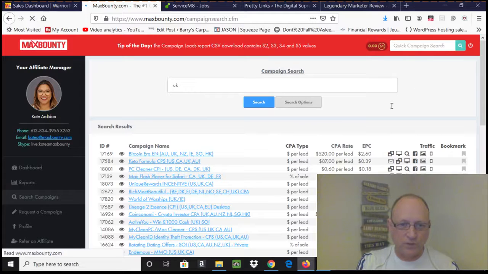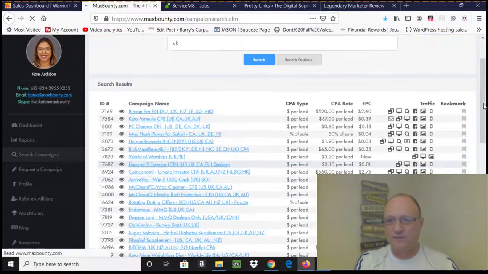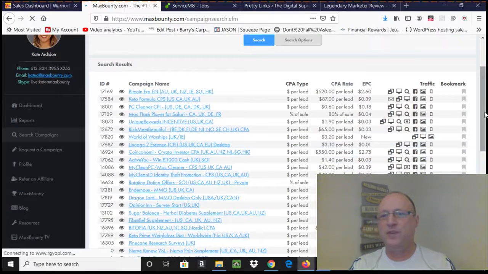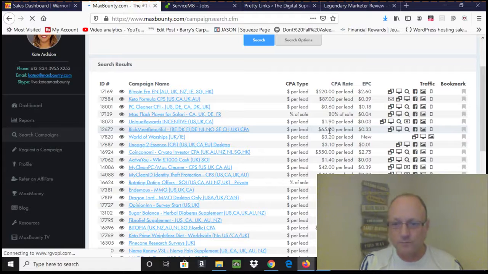So you can go down and see them: Unique Rewards, Beauty, World of Worship. There's all sorts of different types of companies, and the CPA rate. The CPA rate is the cost per acquisition. You see that some of them are 520, 65, 90, 190 dollars. Now remember, this will be in Australian dollars because it is an Australian company.